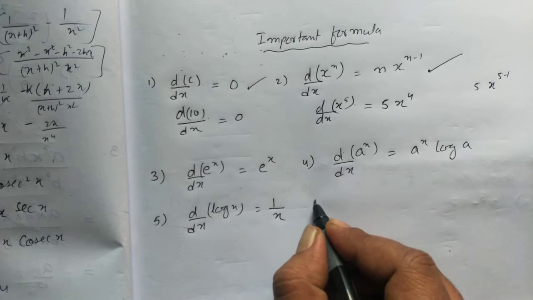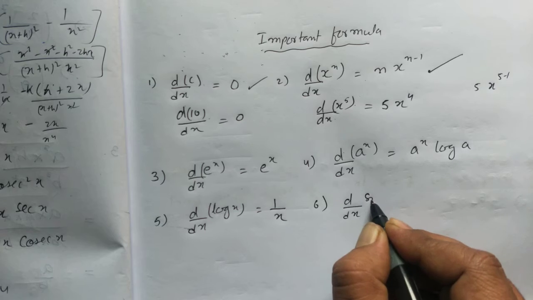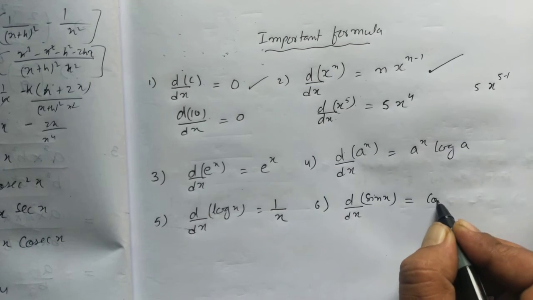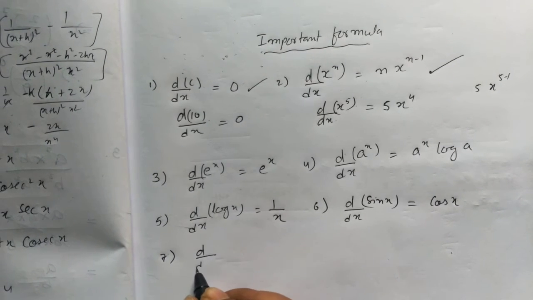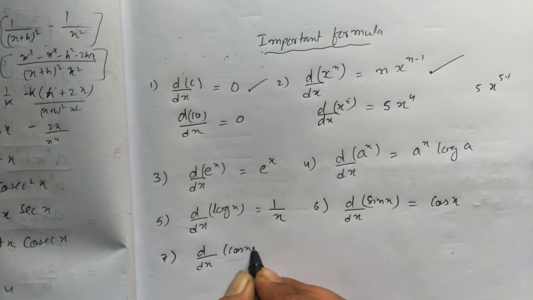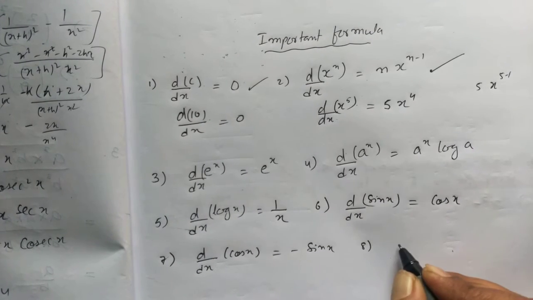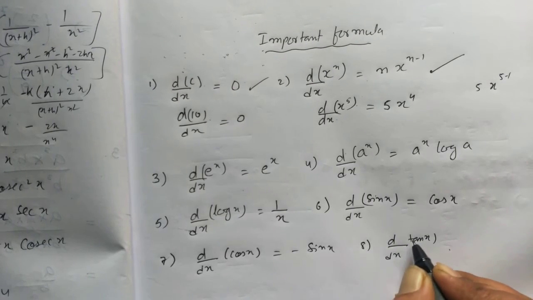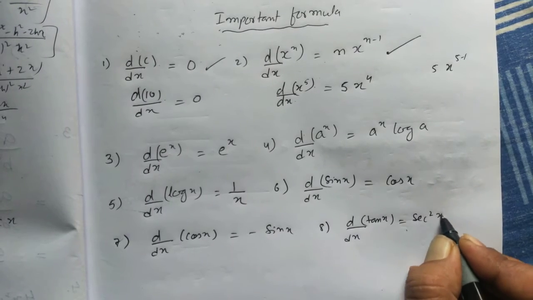For trigonometric functions, if we derive sine x, the result will be cos x. If we derive cos x, we get minus sine x. If we derive tan x, we get sec square x.